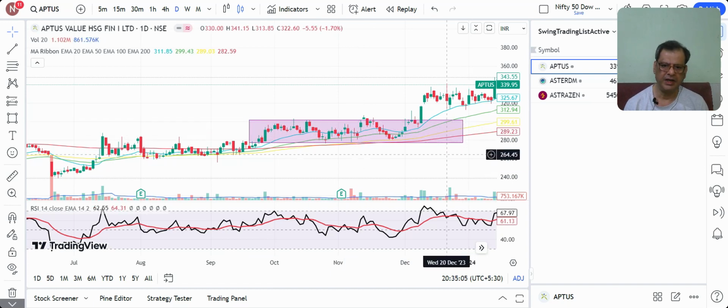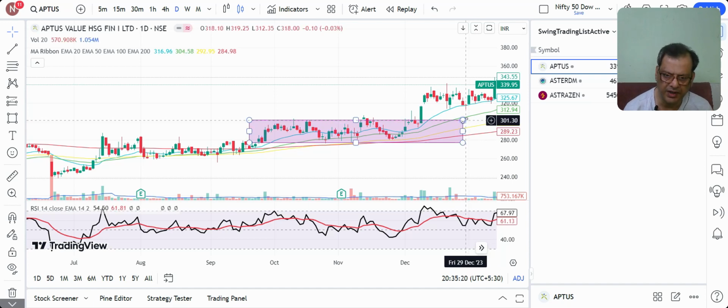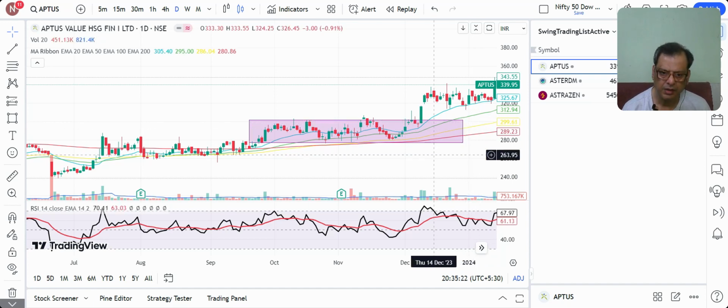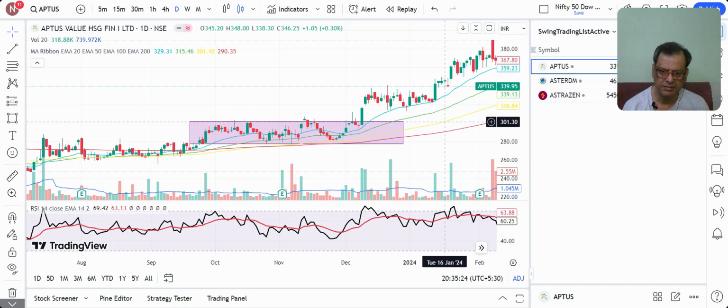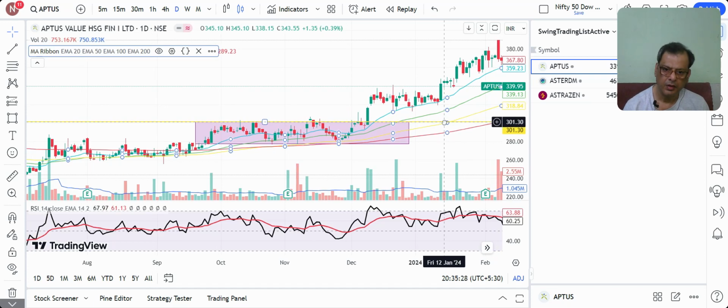And now, let's look at the top of the rectangle. This is very important. It's showing here as 301.30. Is it 301.85? Let's mark a line here. 301.35.